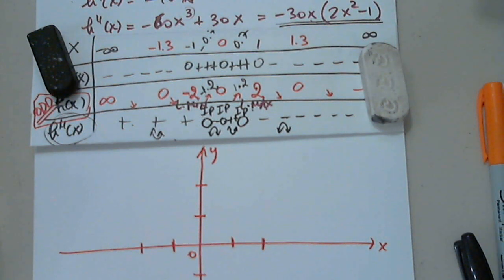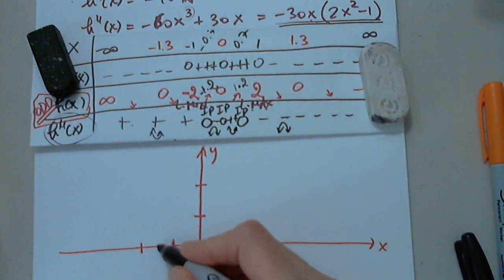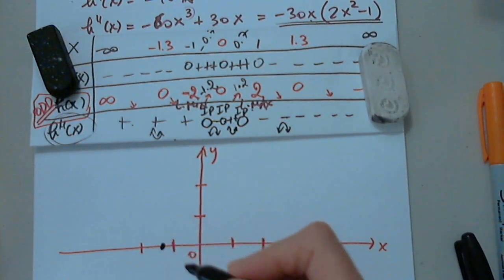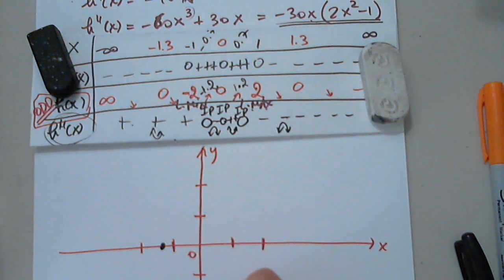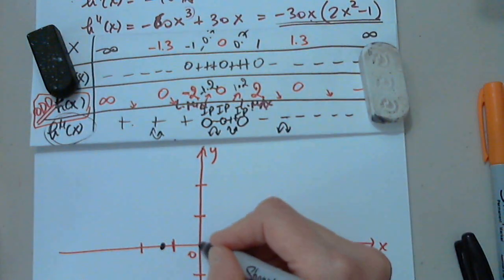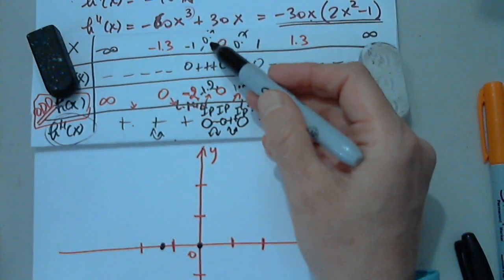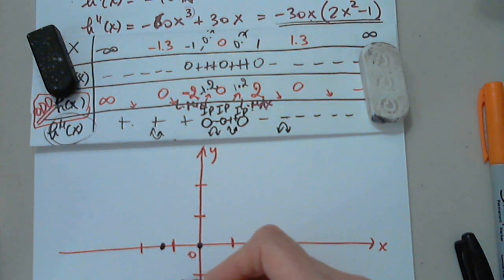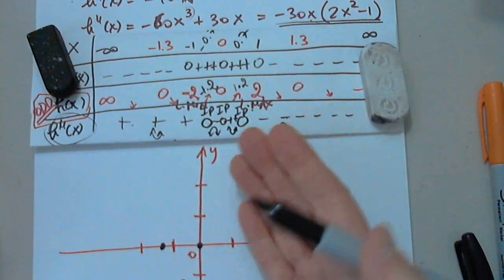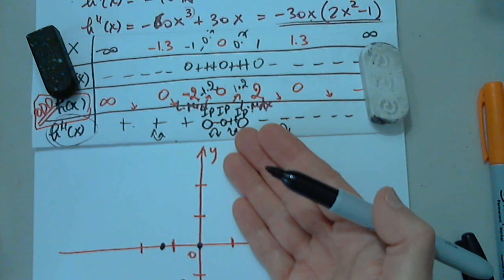I have to plot the points. Negative 1.3 is somewhere here. Negative 1 comma negative 2 is here. 0 comma 0 is here. Negative 0.7, negative 1.2, somewhere here. And I only have to translate this in the first quadrant.